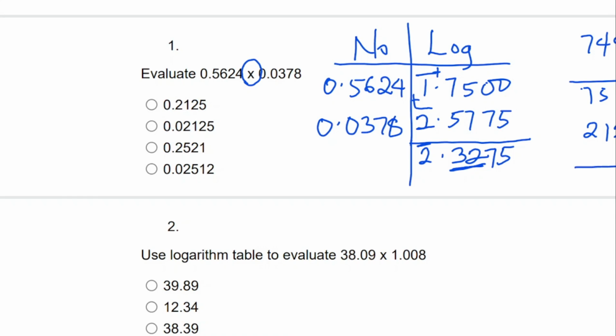We add, and this is going to be 2125. I hope I'm making sense.